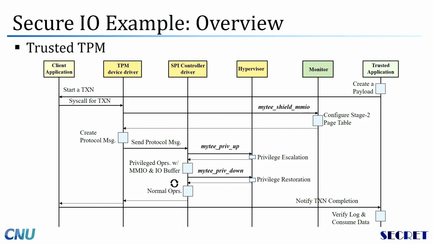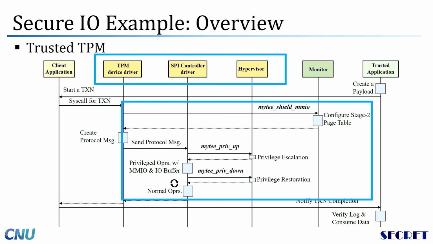From now on, I'll show you an example secure I/O application that communicates with the hardware TPM chip. Compared to the normal TEE usage scenario, the peripheral device driver, control device driver, and hypervisor are involved in the MyTEE supported secure I/O.